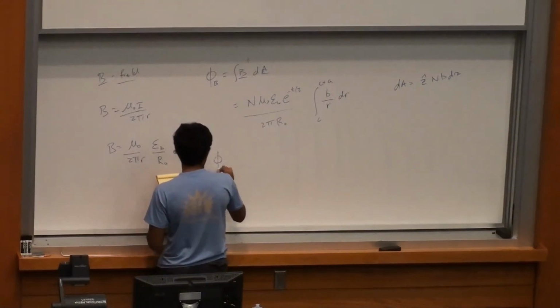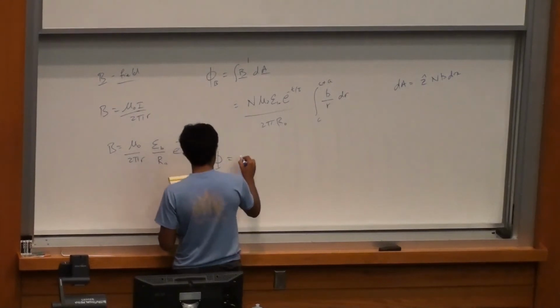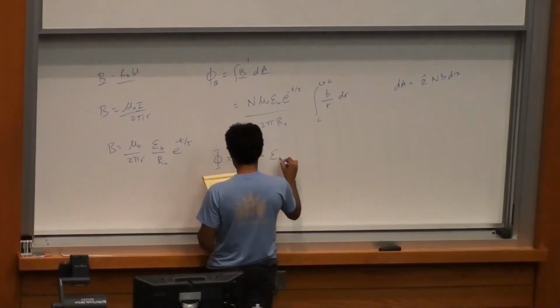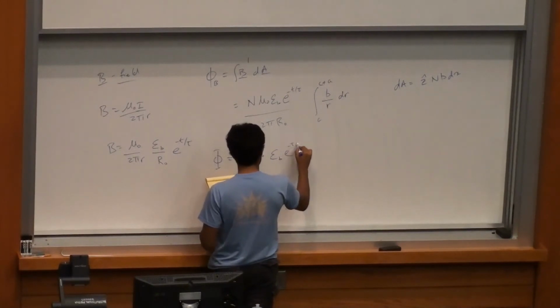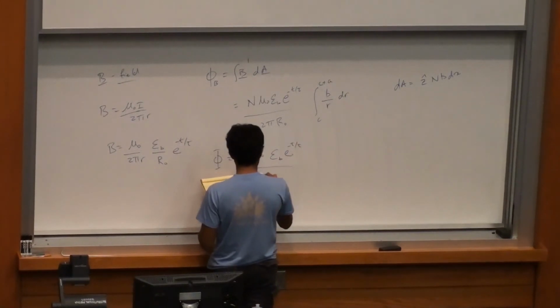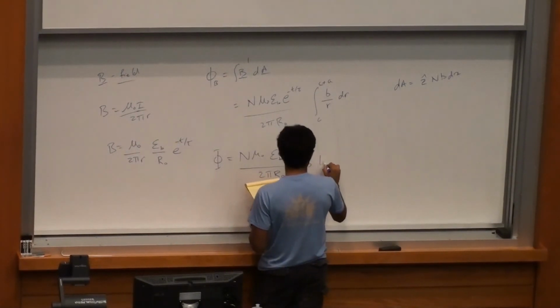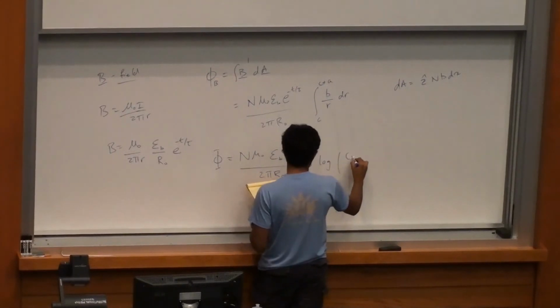So the flux ends up being N mu naught EB e to the negative t over tau over 2 pi R naught times B log of C plus A over C.